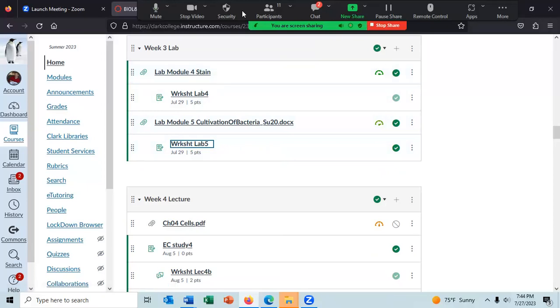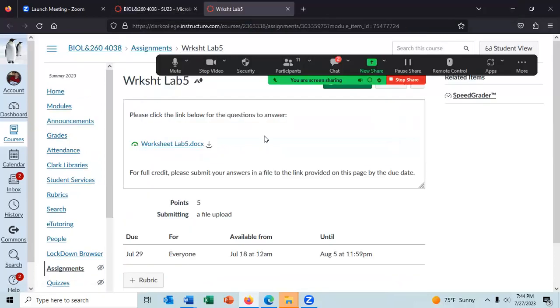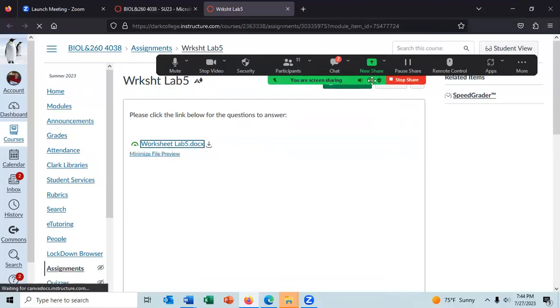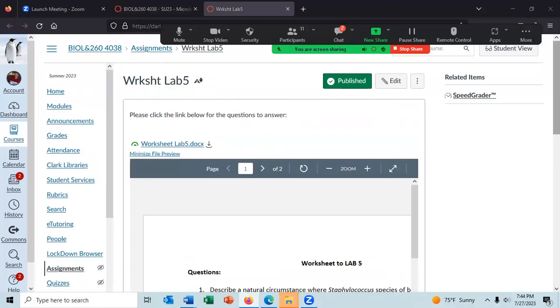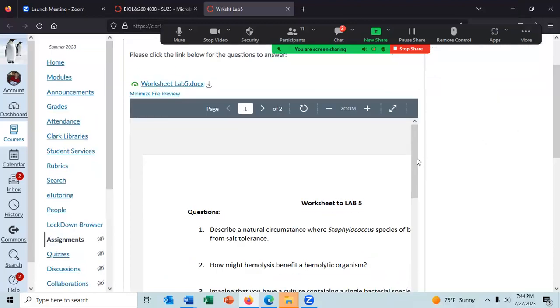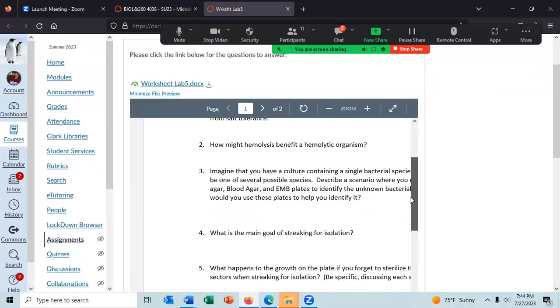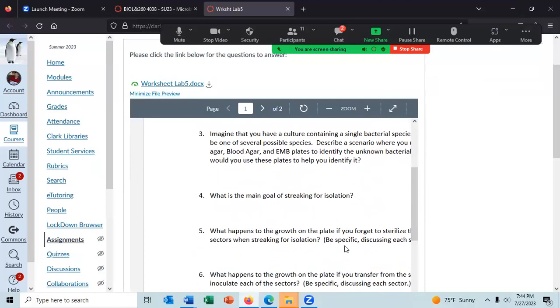Can't see it, but there it is. There, I do have it in there.